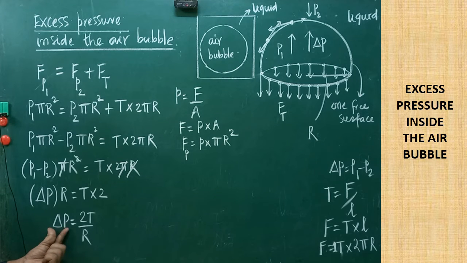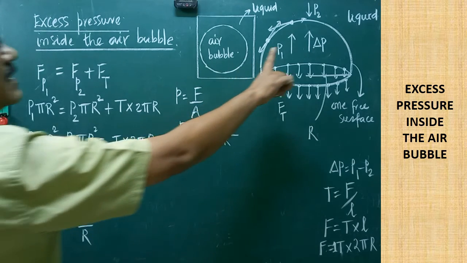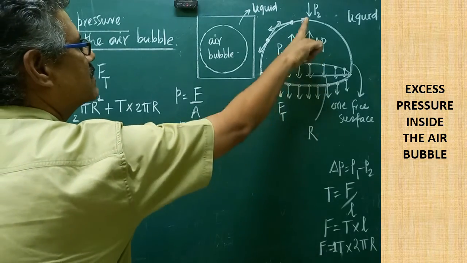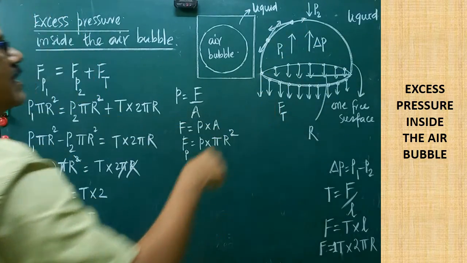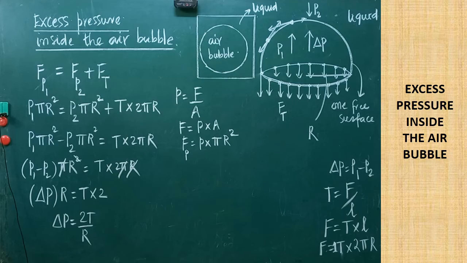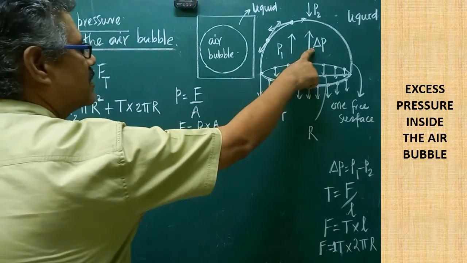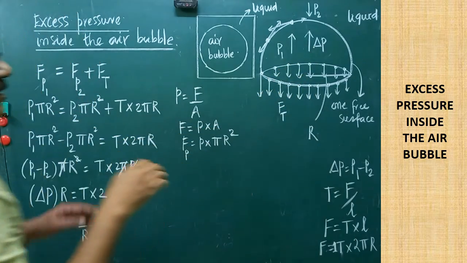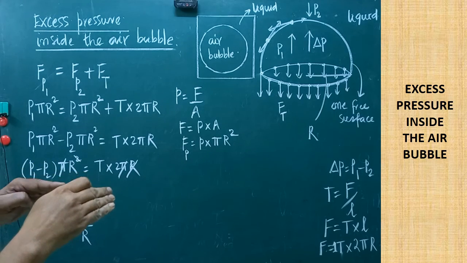This excess pressure is always acting in this direction, that is, towards which surface? The concave surface. Are you clear? This excess pressure and the force due to surface tension, both of them must be in equilibrium. That is very important.